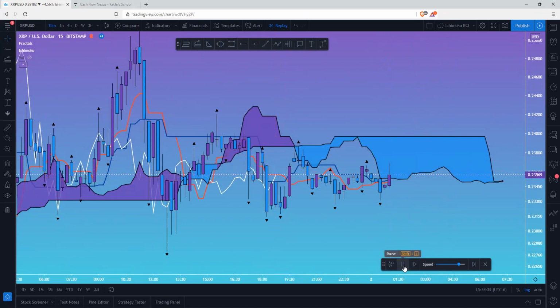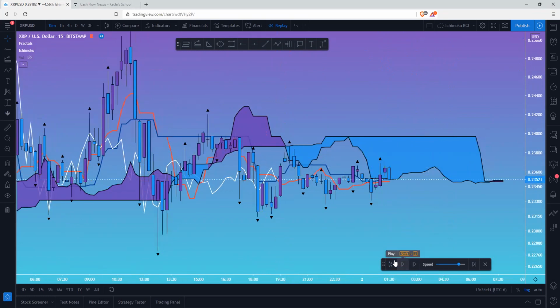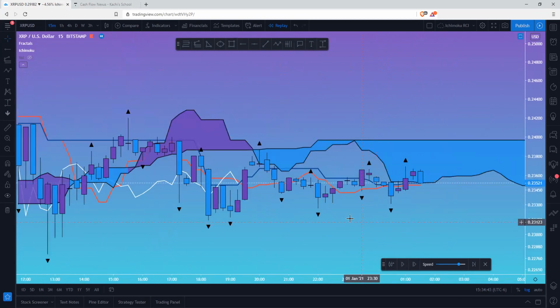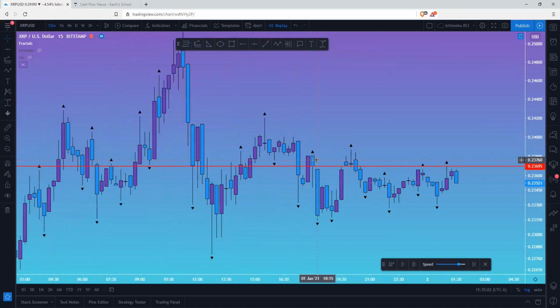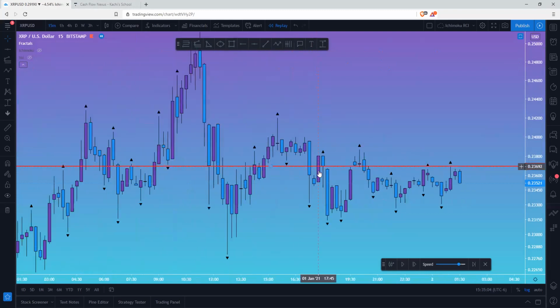So play. So there. Notice one thing that happened here. If we were putting lines here, this is resistance, right? We zoom out. That's resistance there.